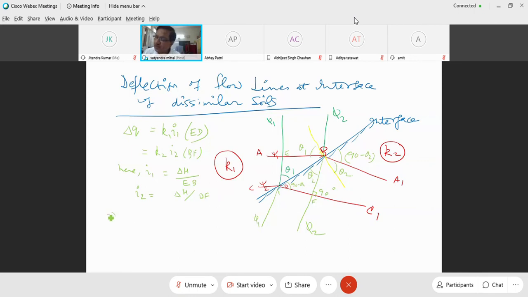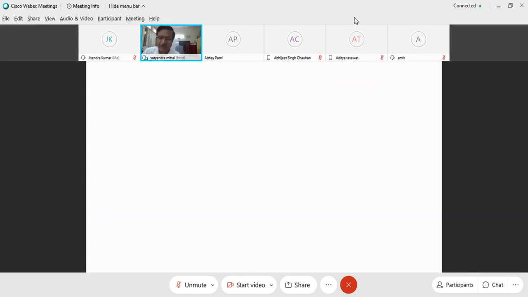Hence, delta Q is equal to K1 into delta H upon EB into ED, and this will be equal to K2 into delta H upon DF into BF.